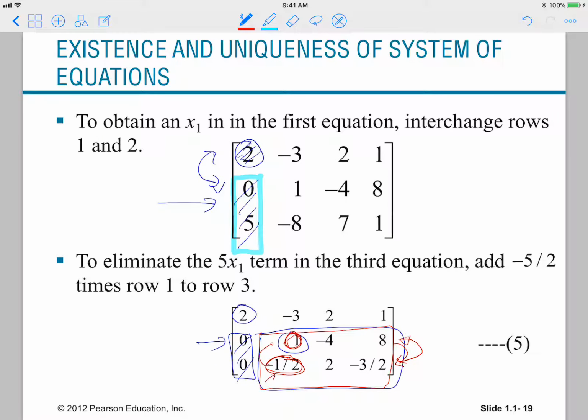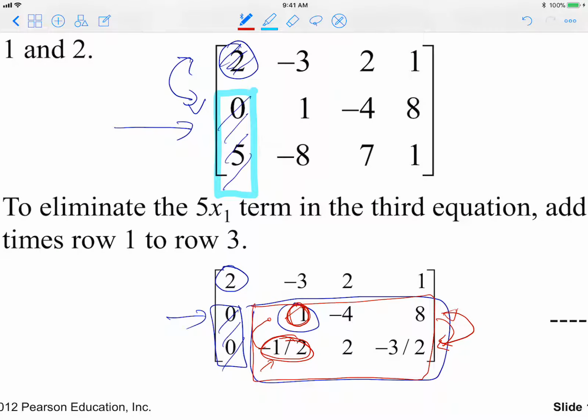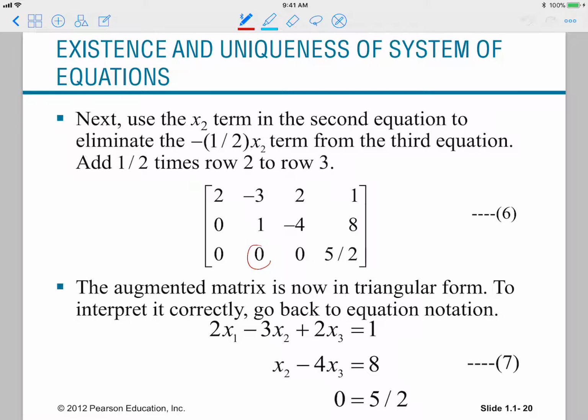Okay, but anyways, in this case both of them are non-zero, so we use this one as an eraser. Then we remove this value, and thus we obtain 0. Following this process, we first removed all these elements, right?